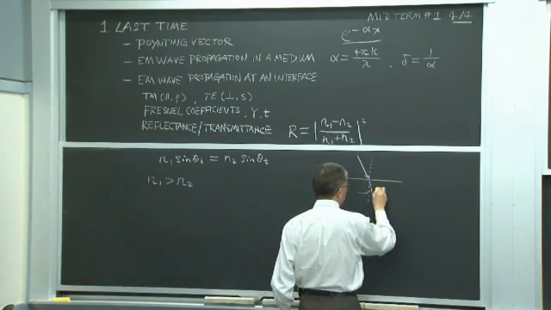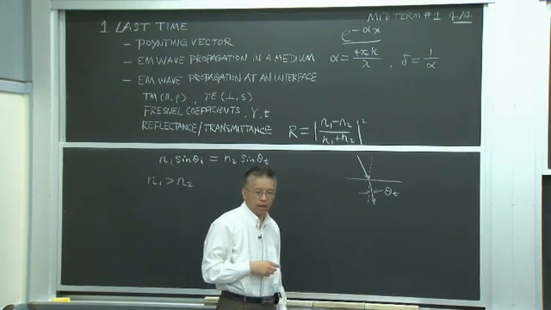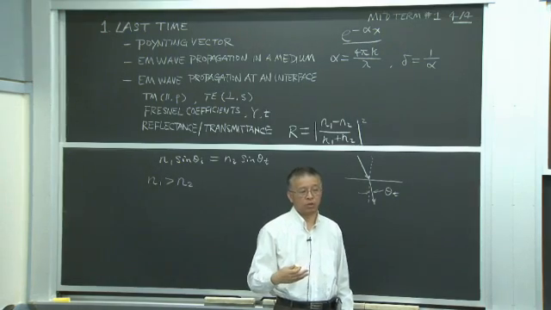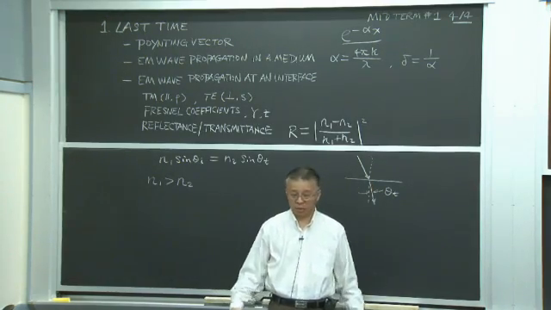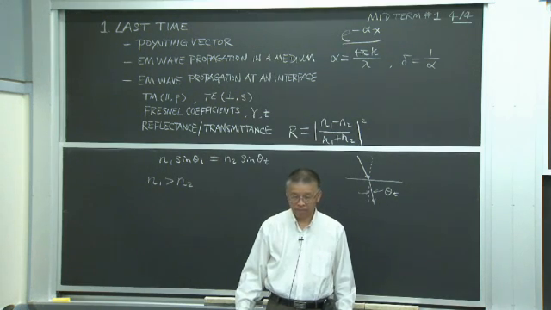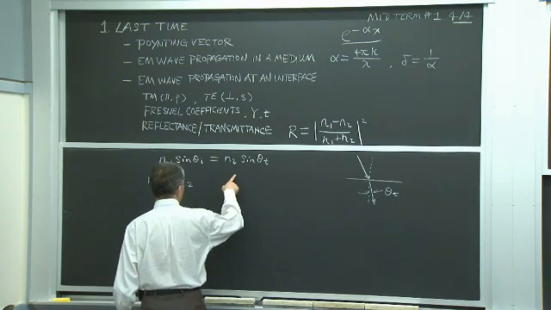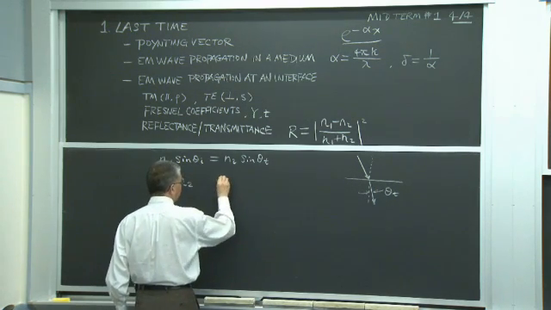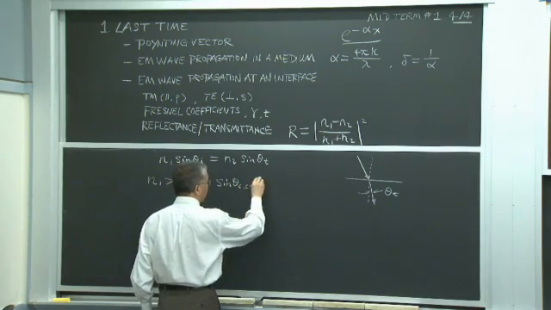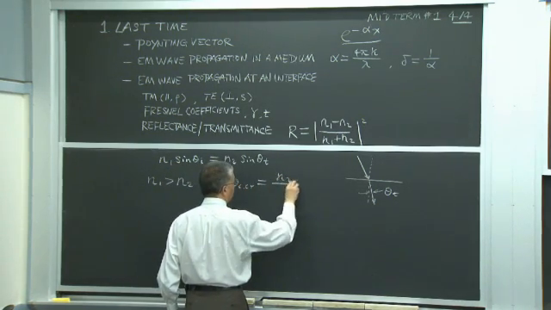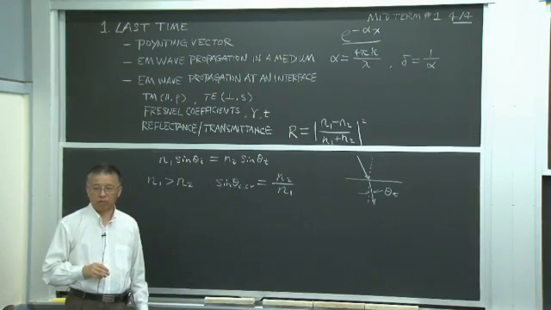Eventually you come to the situation where theta t goes to 90 degrees. So you ask what happens after that, right? If theta t equals 90 degrees, you get sine theta I, which we call the critical angle, equals N2 over N1, and this ratio is less than 1.